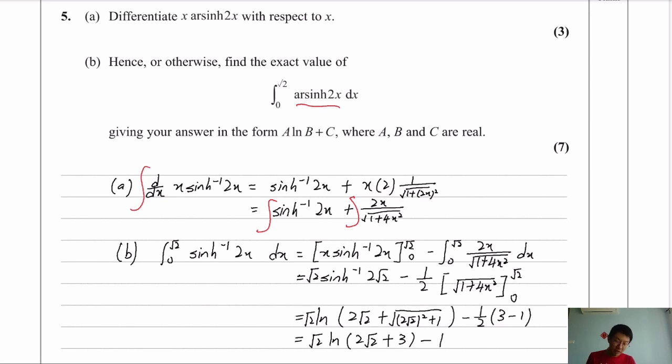If we want to integrate this arcsine 2x, it is just integrating the differentiation of the x arcsine 2x, which gives x arcsine 2x itself. We can just substitute the limits in to calculate already.